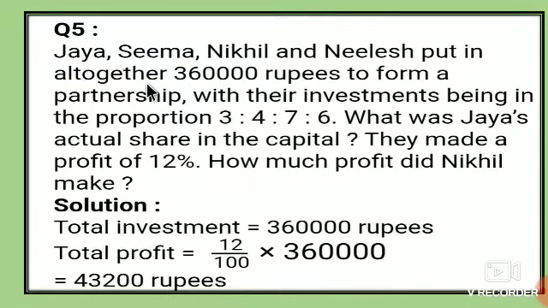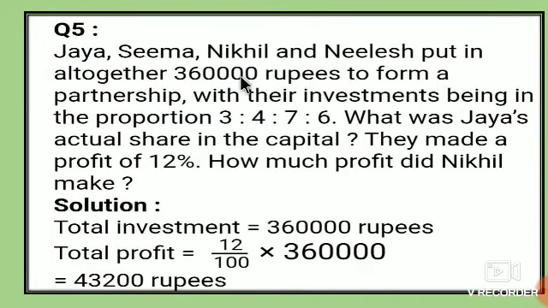Question number 5. Jaya, Seema, Nikhil and Nilesh put in all together 3,60,000 rupees to form a partnership. Here 4 partners are there and they invested the 3,60,000 rupees together.